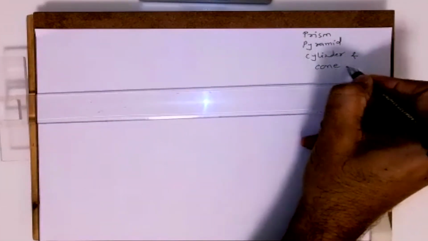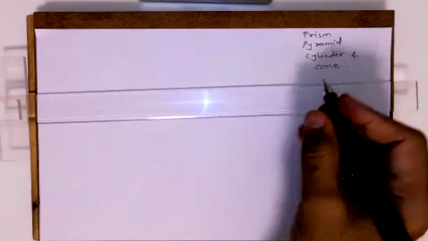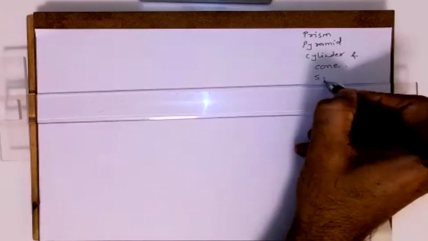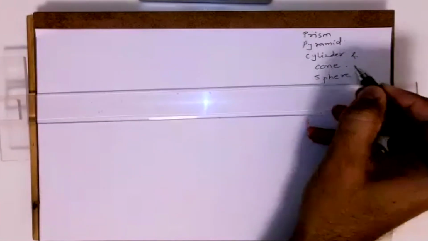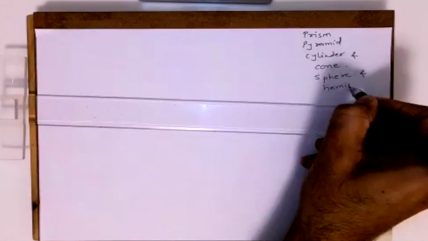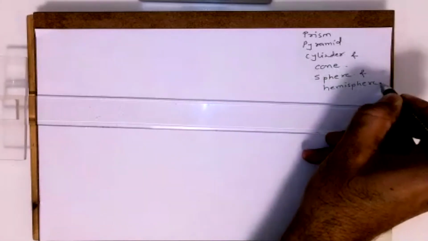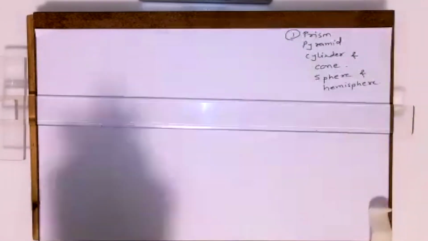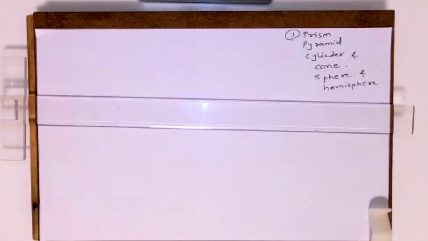We don't have frustum right now for you people. And sphere. Sphere and hemisphere also, we will go through it. So right now, first we'll do prism, right? So we'll start with the square.